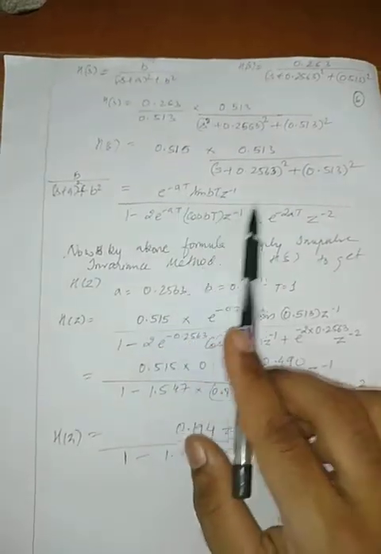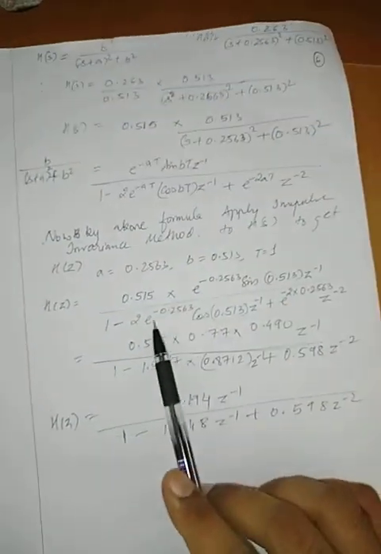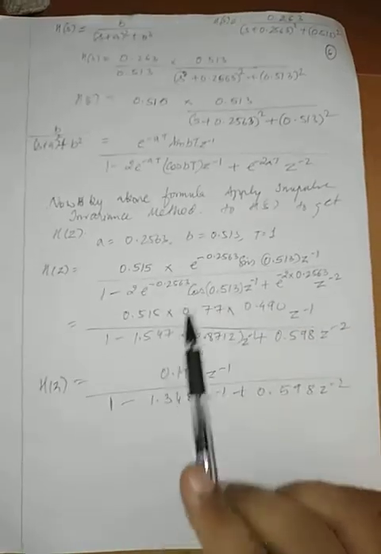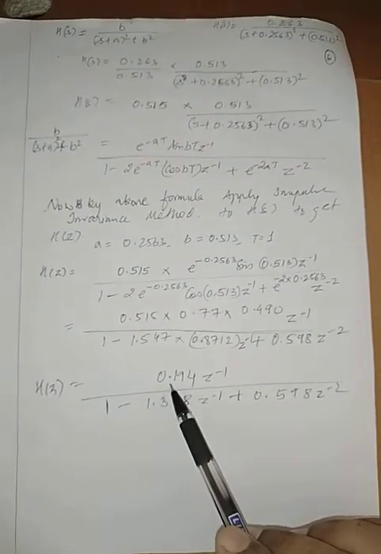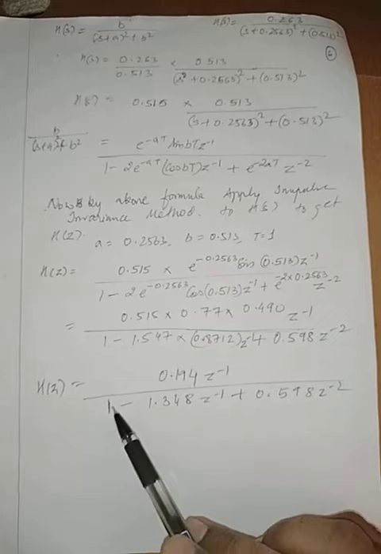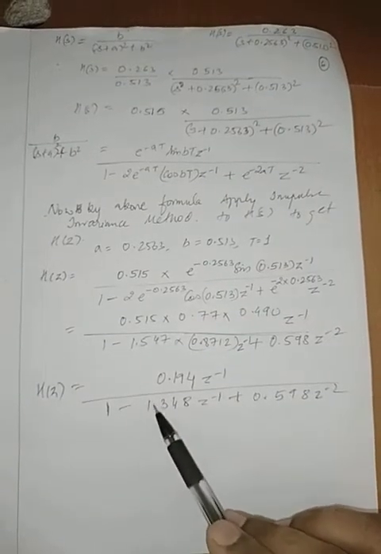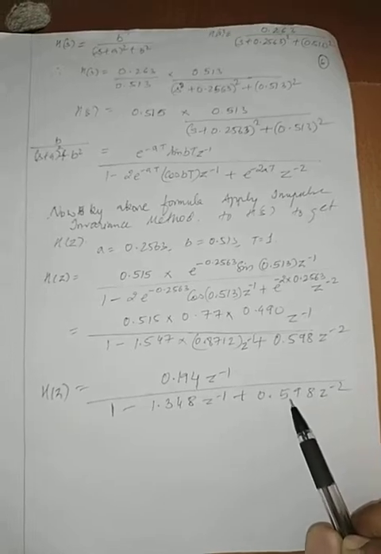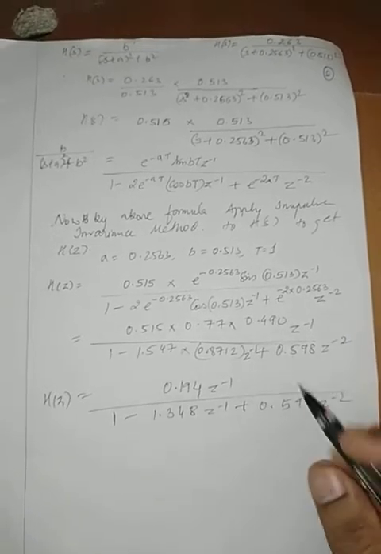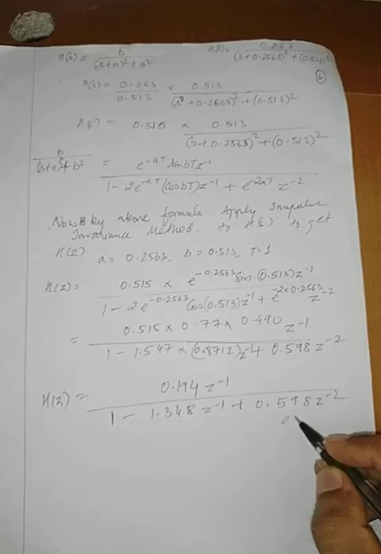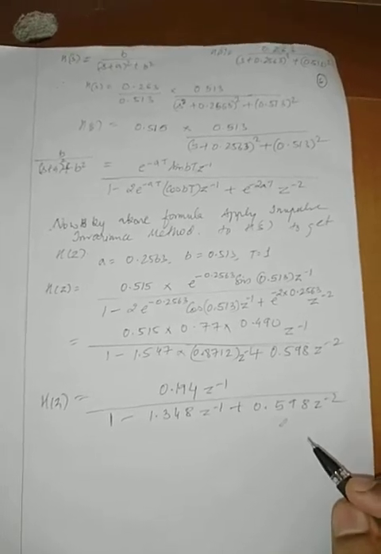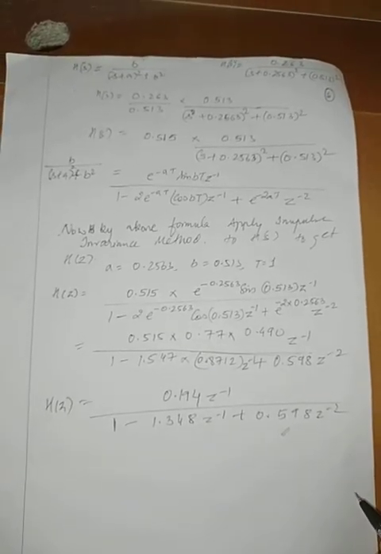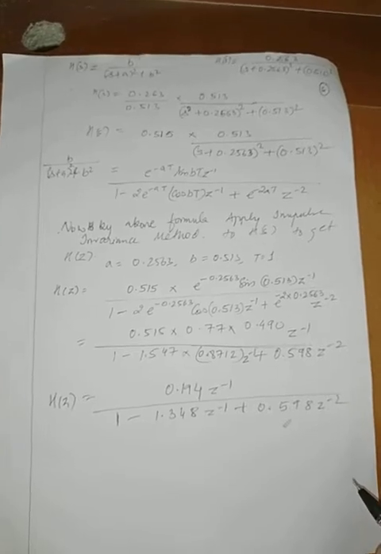Substitute the values of a and b and solve. We get 0.194 z to the minus 1 divided by 1 minus 1.348 z to the minus 1 plus 0.598 z to the minus 2. So this is how we design a digital Chebyshev filter using the impulse invariance method. Thank you.